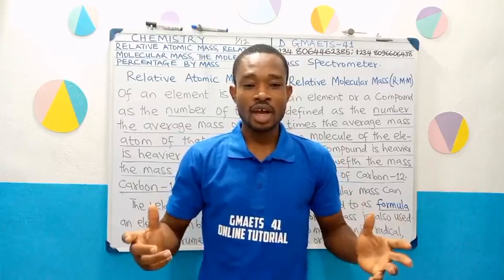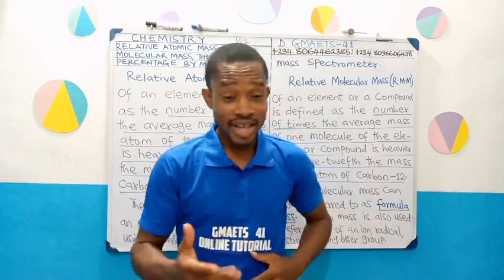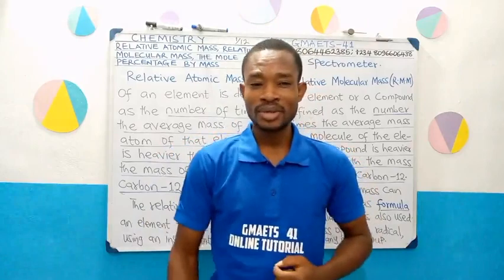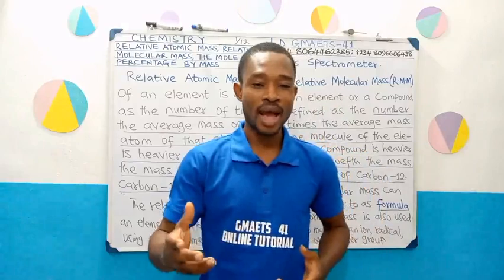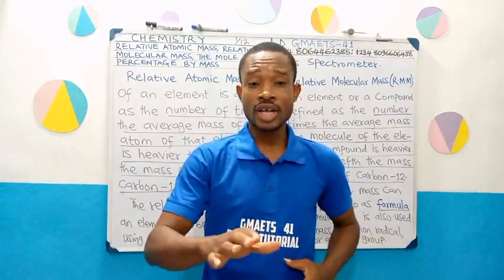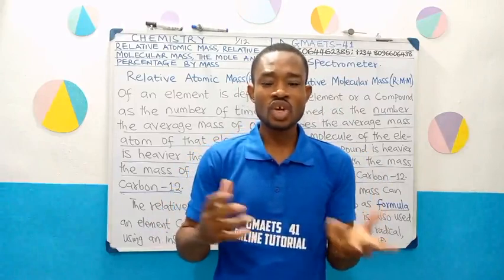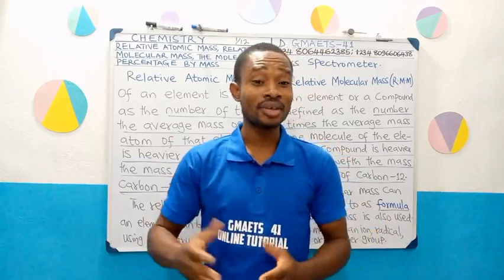In our class today, I'll be teaching you about relative atomic mass, relative molecular mass, the mole, and also percentage by mass of an element in a compound. You recall that in our previous class, we defined various terms like atoms, elements, molecules, and ions.